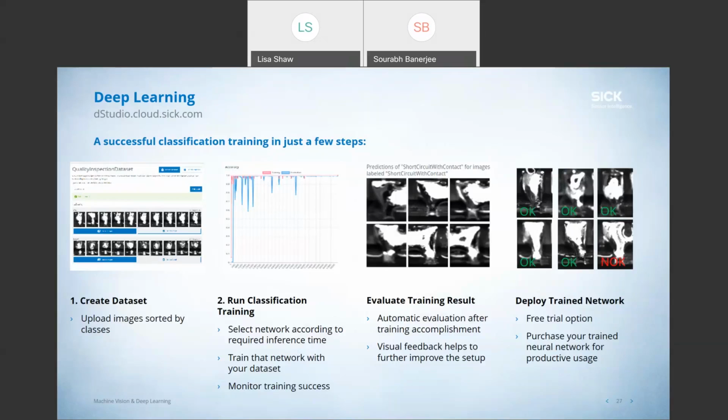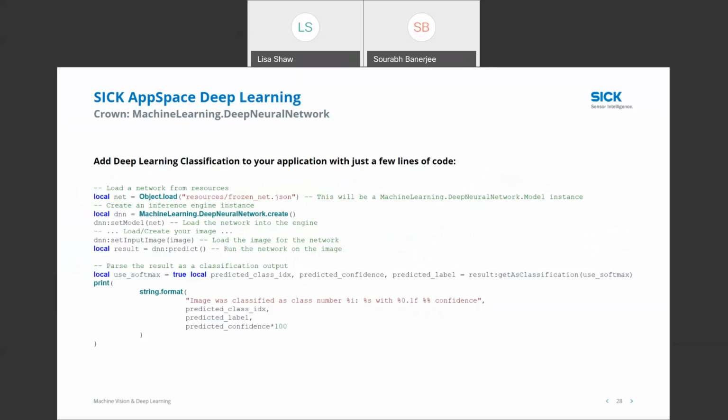When you're satisfied, you can go in and purchase the neural network. That would be a one-time purchase that you can deploy on multiple different devices. And if you have multiple different neural networks, you just purchase the different neural network models as well. So again, this will depend on your production usage.